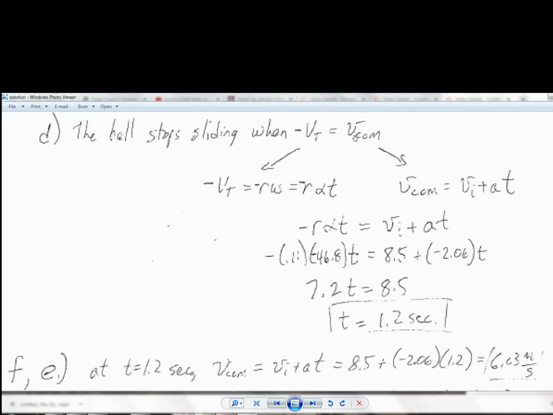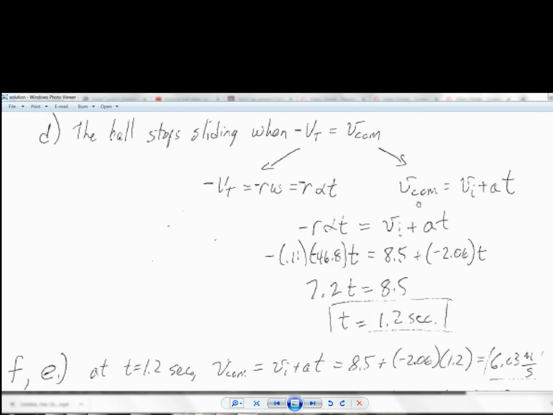How long does the ball slide? So I know that Vt is equal to r omega, and omega, if something starts from rest, is equal to alpha times time. The velocity at some later time is equal to the acceleration times the time duration that it's accelerating for. So I make that substitution there.